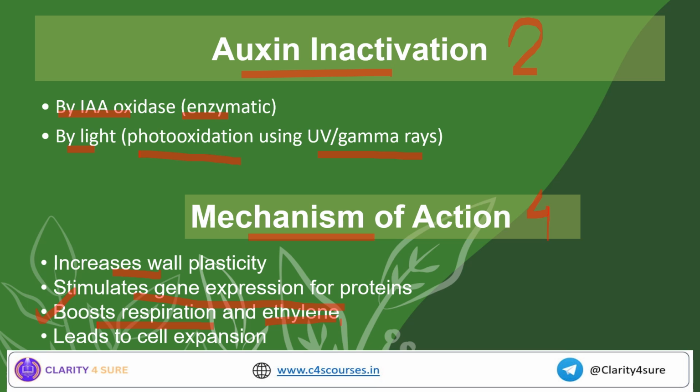And talking about ethylene here, auxin actually triggers ethylene and it helps in modifying the plant growth, and eventually leads to cell expansion, as we have discussed earlier. So in this way, the four-way mechanism, or mode of action, of auxin happens.